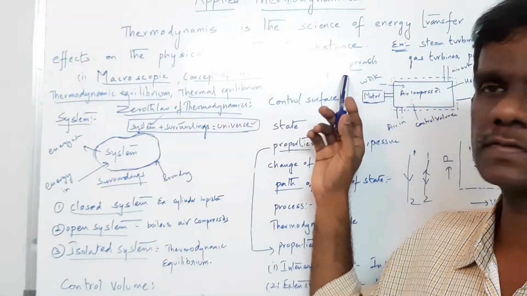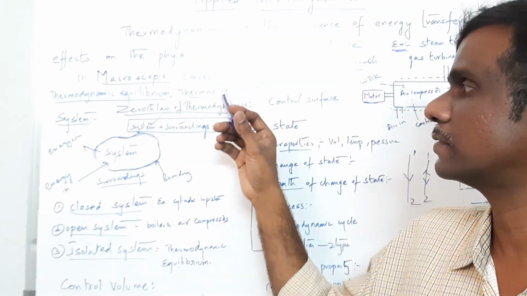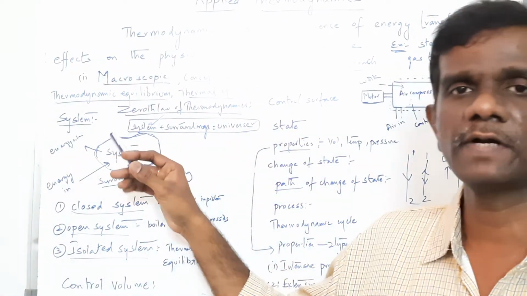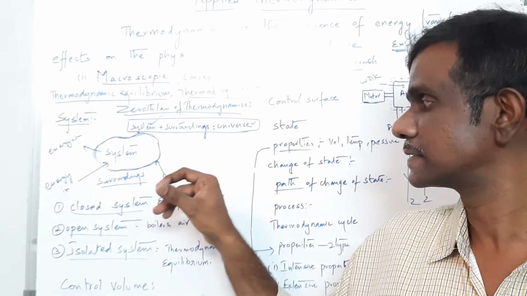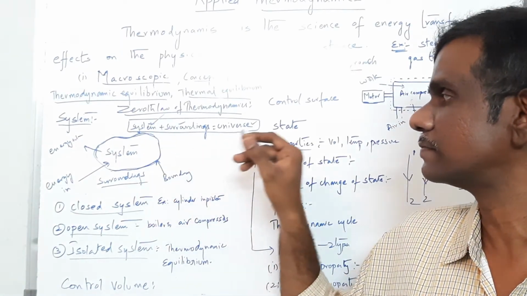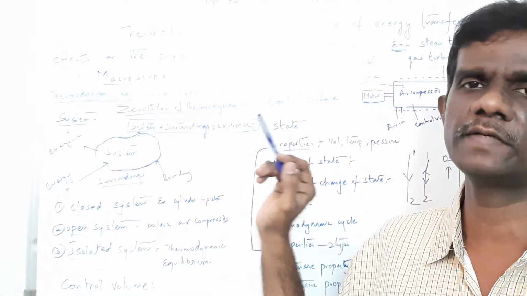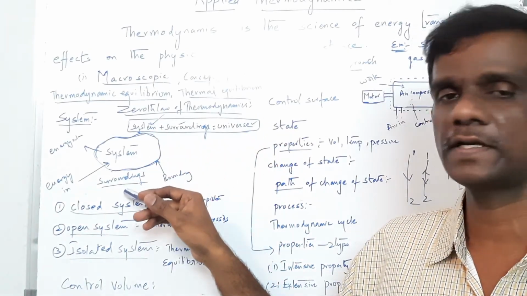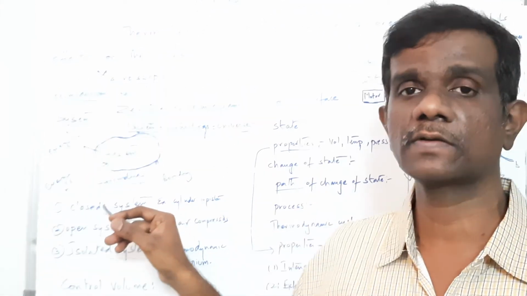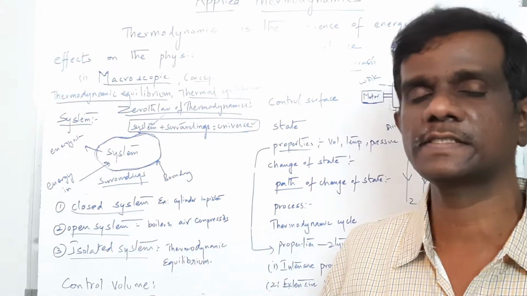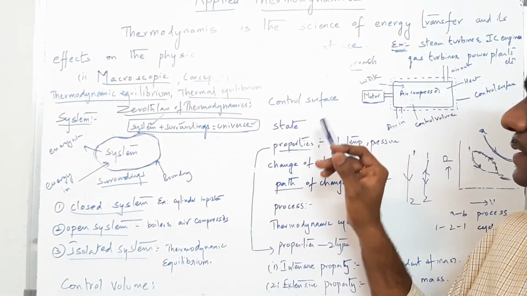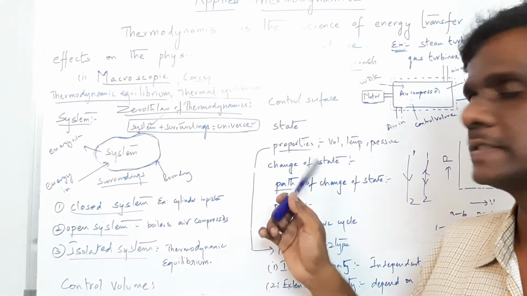We discussed macroscopic and microscopic, thermal equilibrium, thermodynamic equilibrium, the zeroth law of thermodynamics, what is meant by system, boundary, and surroundings. System plus surroundings together comprise the universe. Very, very important. And the closed system, open system, isolated system, control volume, control surface, state, properties, and change of state.